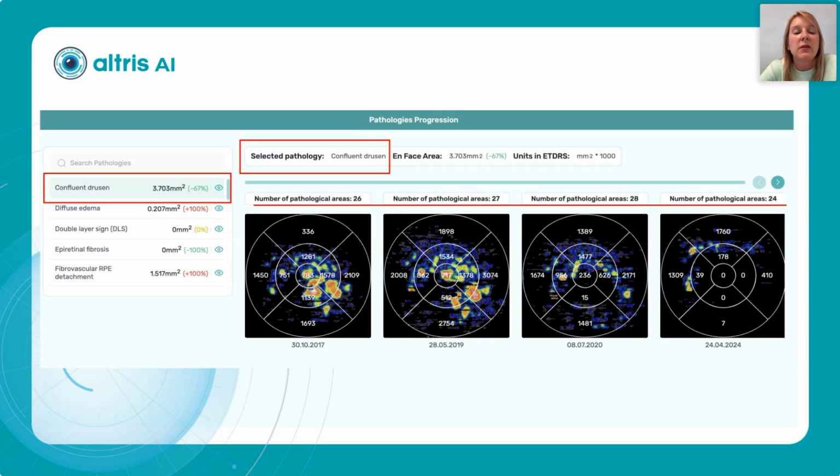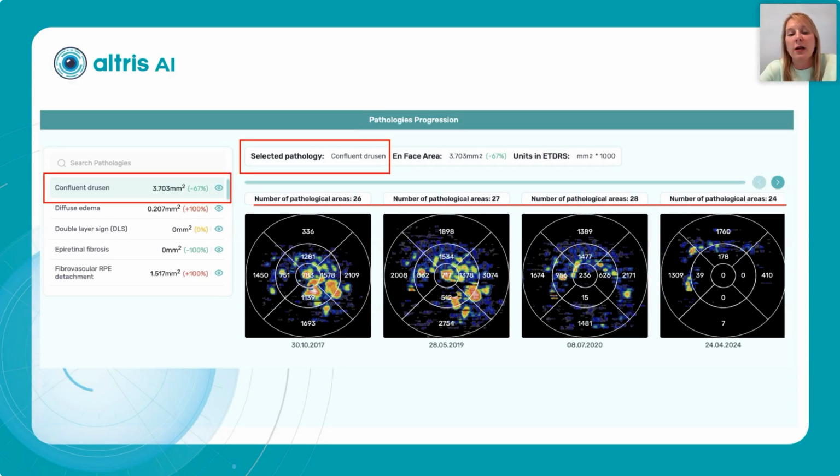We can see the total count of drusen above the ETDRS scales, the number of drusen. We can see the number was decreasing from one examination to another. And also on the ETDRS scales, you can see the distribution of confluent drusen within the macular area.